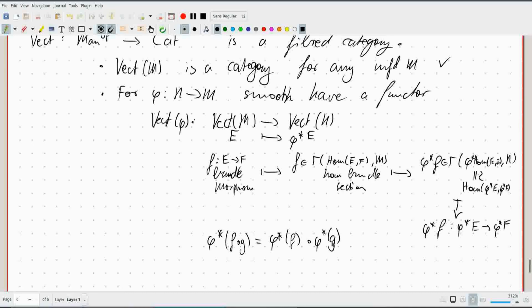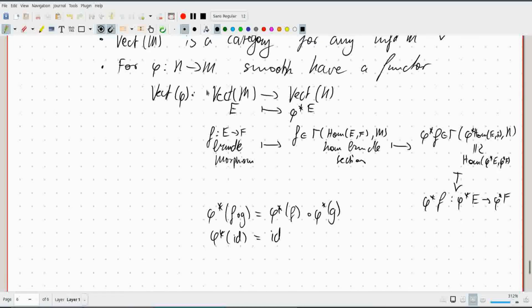Similarly, the same thing with the identity. So we have this pullback functor.